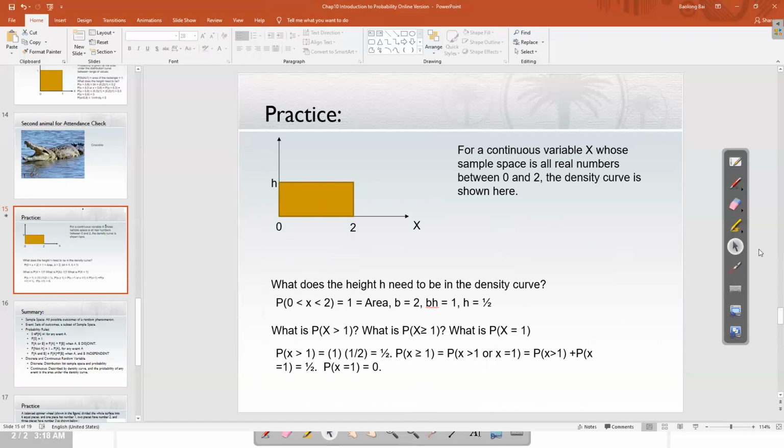In some distributions, the probability doesn't have the same chance to occur anymore. So the density curve will not be a flat line anymore. It could be some curved line, right? So this number has a higher probability than this number. It's not all the same.